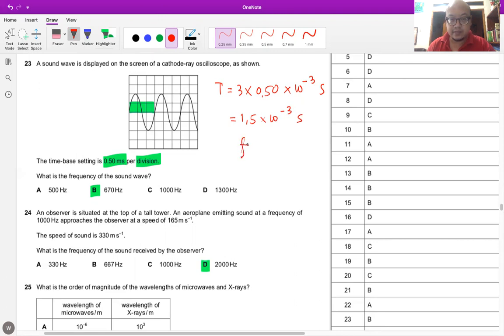Then the frequency is 1 over T, 1 over 1.5 times 10 to the power minus 3. Same thing as 1000 divided by 1.5.